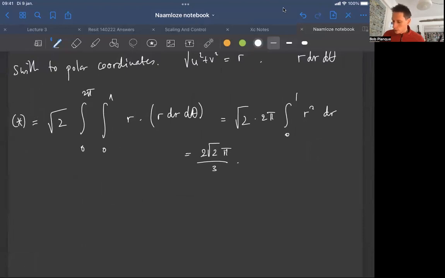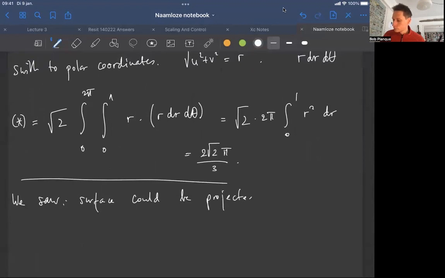So in this case, actually, we saw, let me put a little line there, that the surface could be projected onto the domain in the x, y plane.